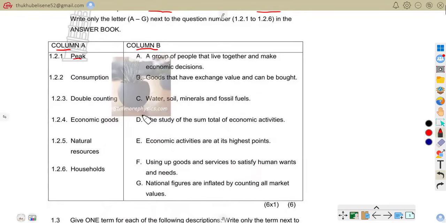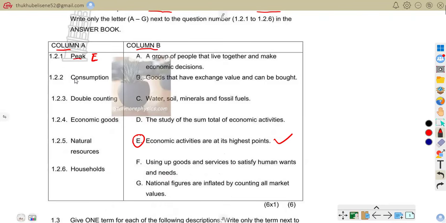This is called a peak in the business cycle. So you can see the correct answer here is E. Economic activities are at their highest points. So E is the correct answer for 1.21.